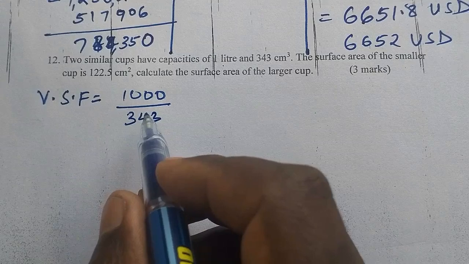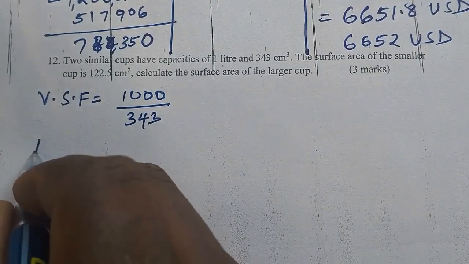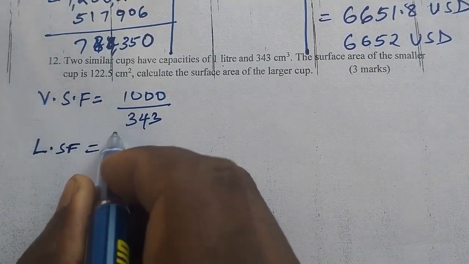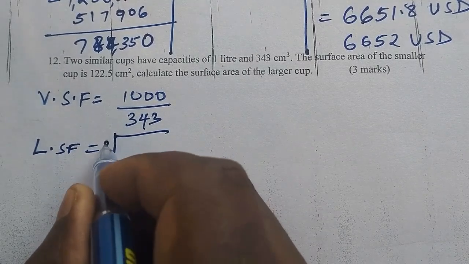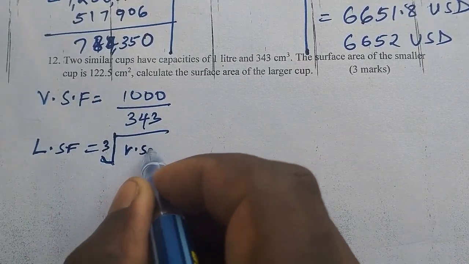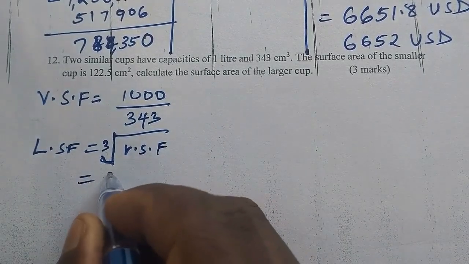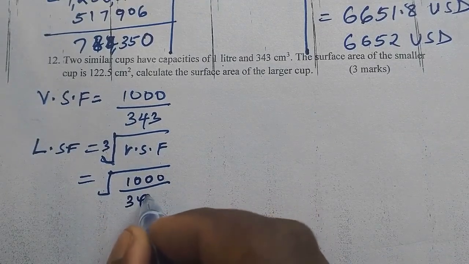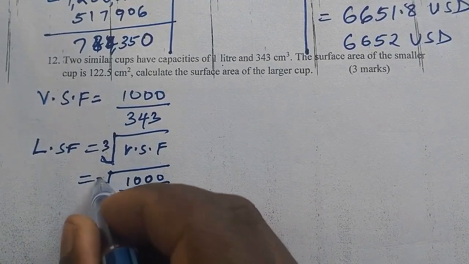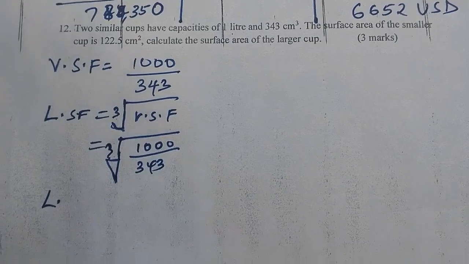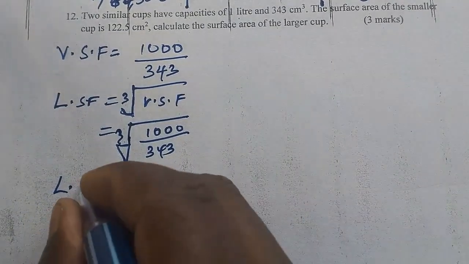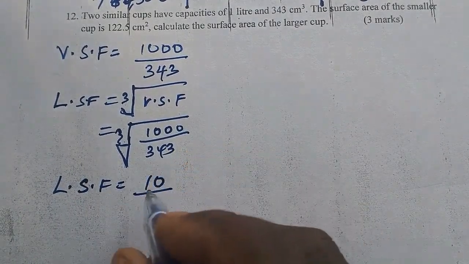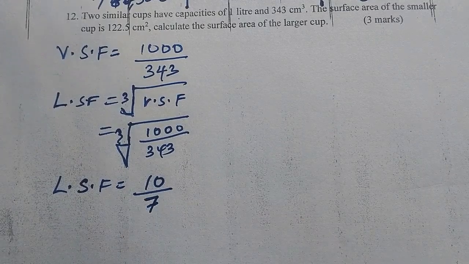So we know that now from there we can get the linear scale factor. Linear scale factor is equal to the cube root of volume scale factor, that is the cube root of 1,000 over 343. So linear scale factor is equal to 10 over 7. That is linear scale factor. Now we have the surface area.